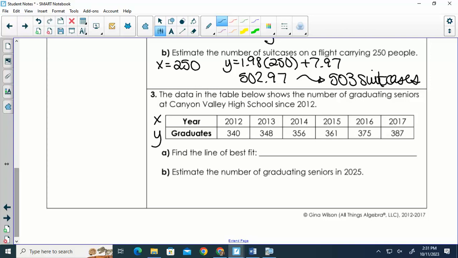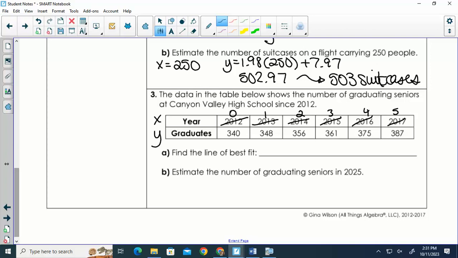If you want to make it as simple as possible, I could just say this first one is year 0. So if 2012 is year 0, then 2013 would be 1, 2014, 3, 4, 5, 6, 7.